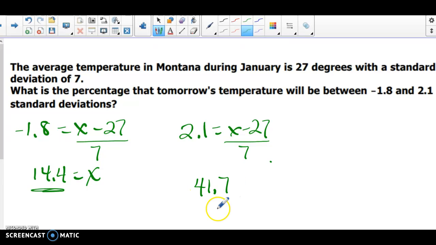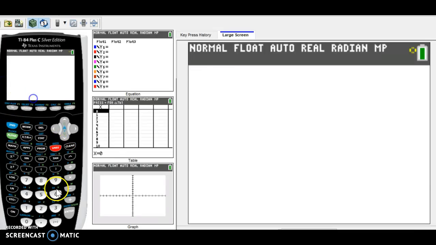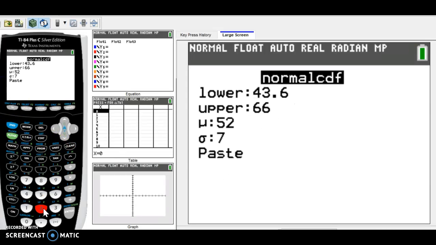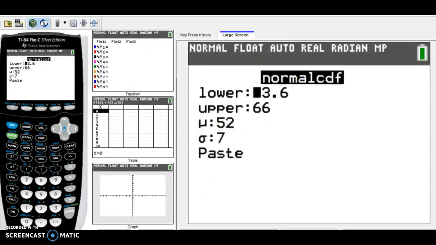So those are our numbers that we're going to plug into our calculator. Second, bars, 2. The lower bound we said was 14.4. The upper bound was 41.7. Our mean was 27 degrees, and our standard deviation was 7.